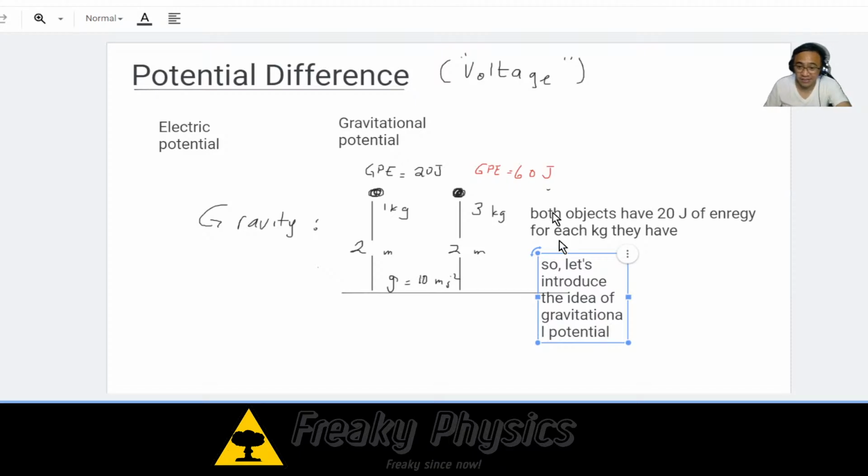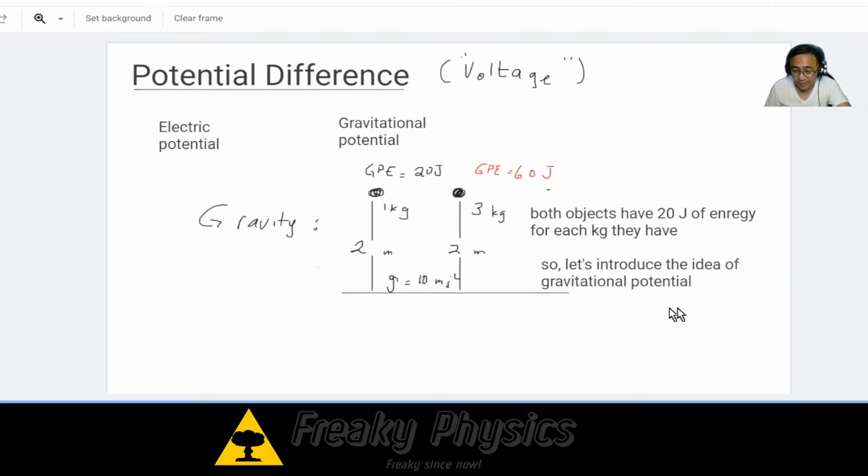Gravitational potential is defined, and I'm going to use a particular symbol, V. This gravitational potential V is equal to the gravitational potential energy per unit mass.